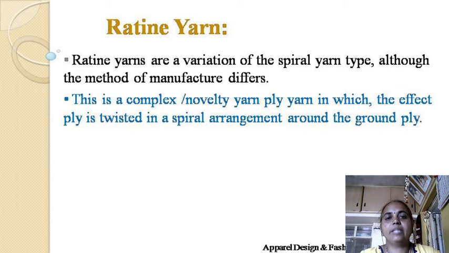This is a complex or novelty ply yarn, in which the effect ply is twisted in a spiral arrangement around the ground ply. So rattan yarn is a novelty yarn which consists of ply yarns. The effect ply is twisted in a spiral arrangement around the ground ply.